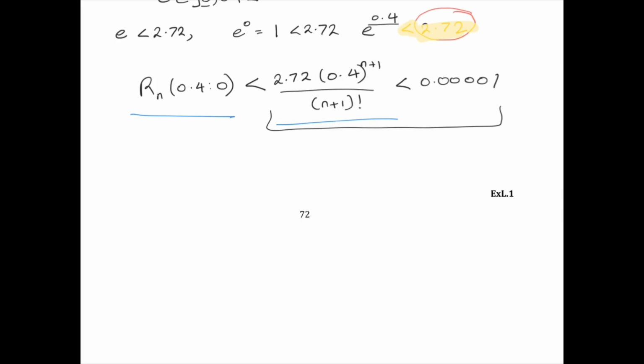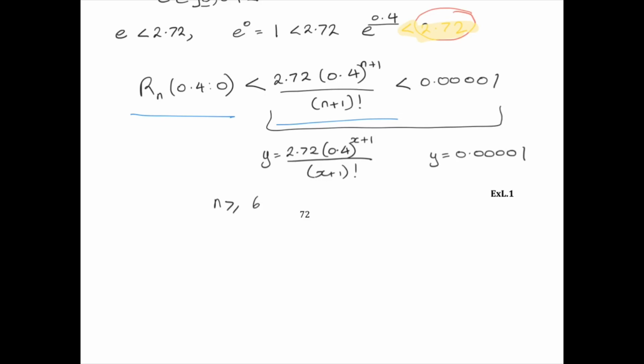You could either solve it using NSolve, or you could graph this side, like y equals 2.72 times 0.4 to the x plus 1 over x plus 1 factorial, and also y equals 0.00001, and the point of intersection is going to tell you the value of n. Now, when I did that, I found that n must be bigger or equal to 6.